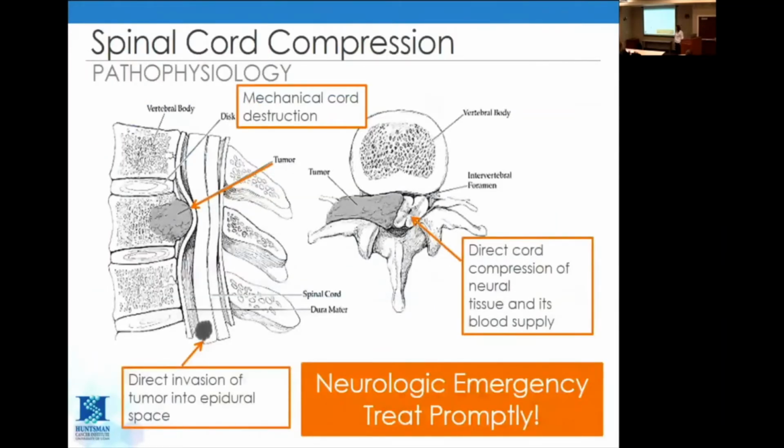So, with compression of the spinal cord, you can have direct tumor involvement. It's super rare for one of those neurological tumors to actually be the primary cause of this, but it can happen much more frequently than sporadic tumor lysis syndrome, I'll tell you that much. Still very, very rare that it's a primary tumor.